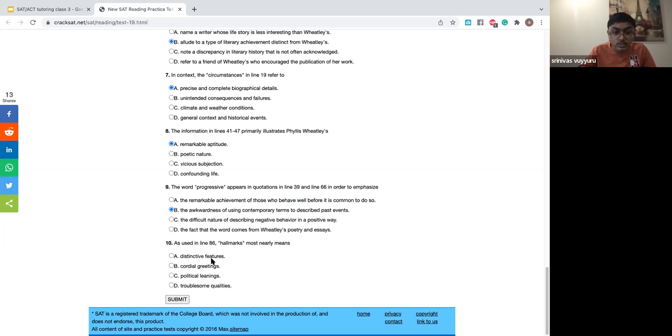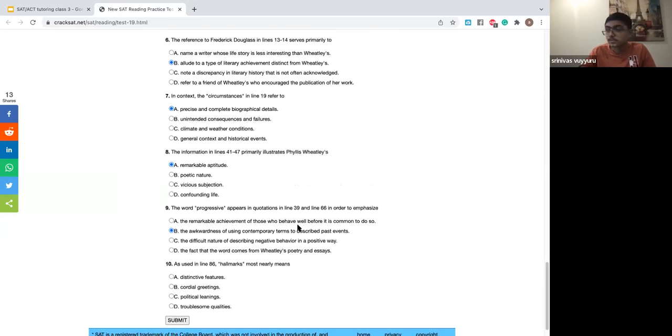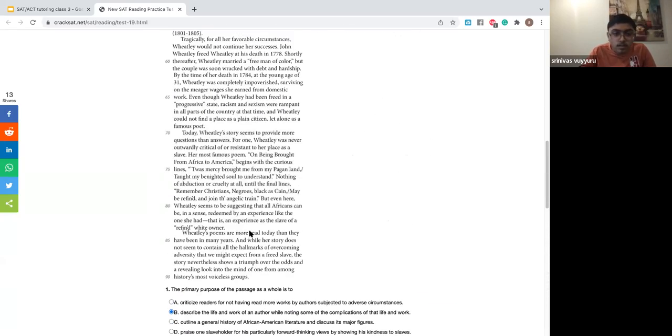All right, as used in line 86, hallmarks most nearly means... line 86. While a story does not seem to contain all the hallmarks of overcoming adversity, so all of the features and distinctions. I feel that's what hallmarks is representing, the features and distinctions of overcoming adversity.